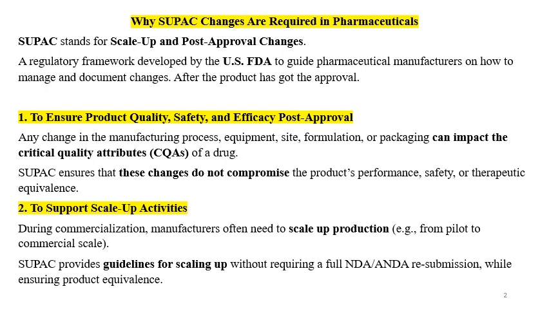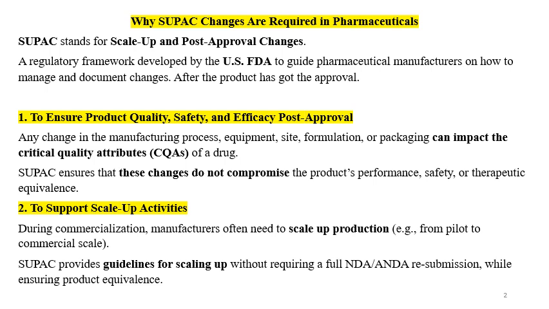It is a regulatory framework developed by the US FDA and it provides guidance to the pharmaceutical manufacturers, generic applicants on how to manage and document the changes. And this activity is for the phase after the product has got the approval from the US FDA.